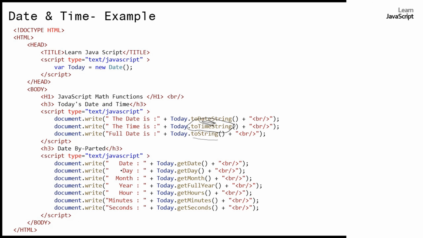Next, we further accessed the date as well as time. Here we used the relevant functions: getDate, getDay, getMonth, getFullYear, getHours, getMinutes, getSeconds. Alright, now we will execute this in IE.